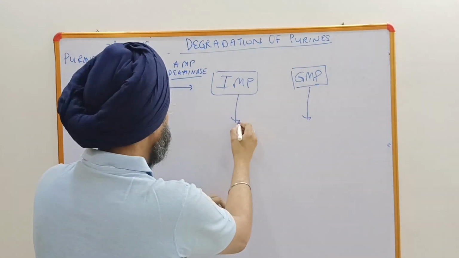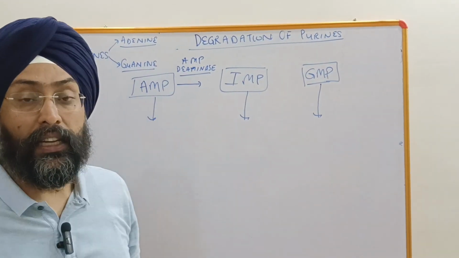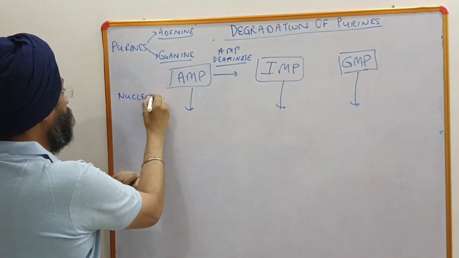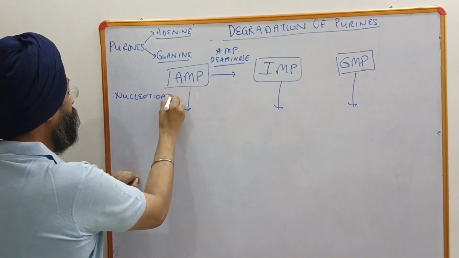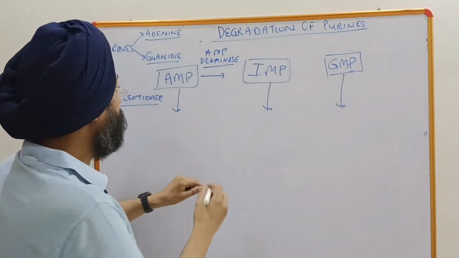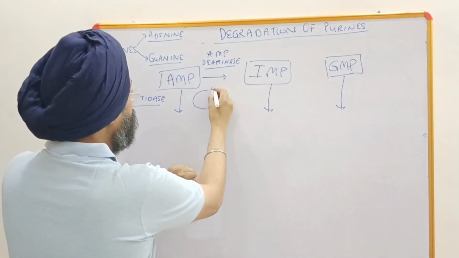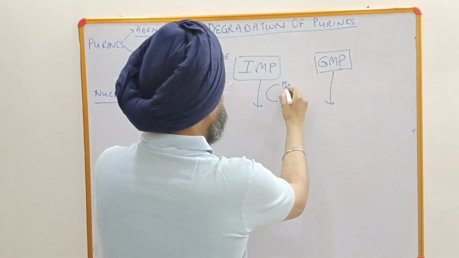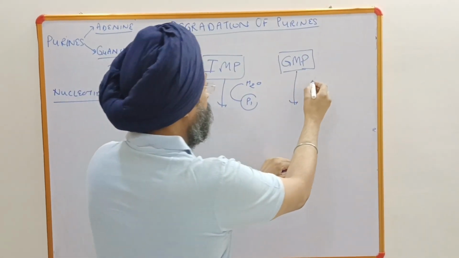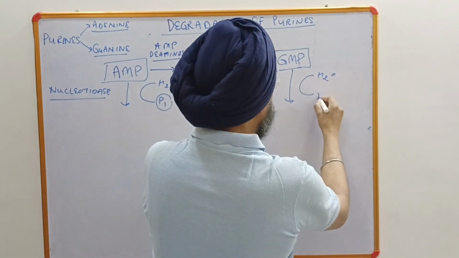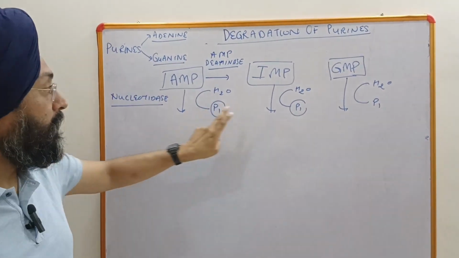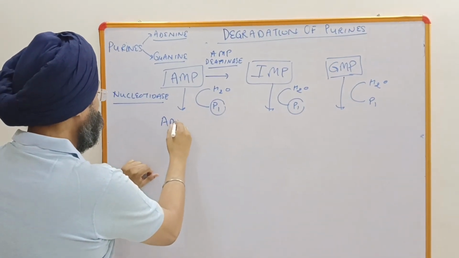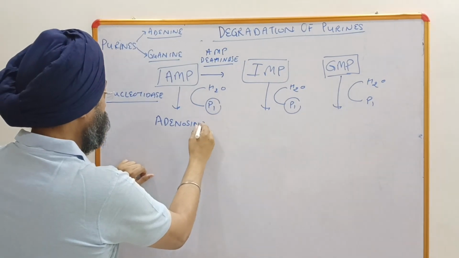During breakdown, the first step requires the enzyme nucleotidase, right? And in all the three steps, we use a water molecule and phosphate will come out, right? The enzyme is nucleotidase in all the three steps, and from AMP we will get adenosine, right?